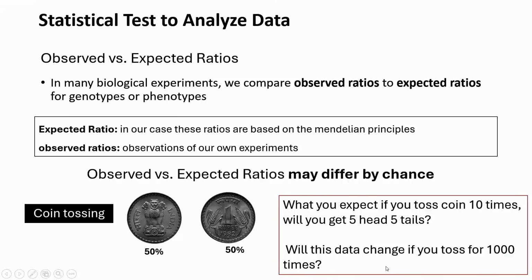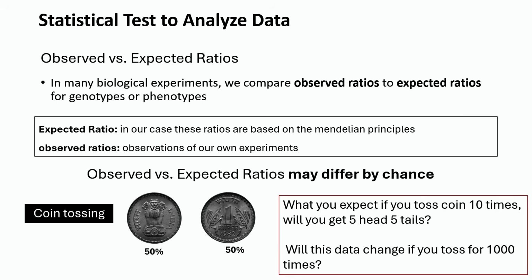So remember, in this category of data analysis, we have two classes of data, right? So far you were understanding with what probability we are going to get a particular type of phenotype or data. Now we are trying to understand if our observed data is the same as expected data or there are differences, right?